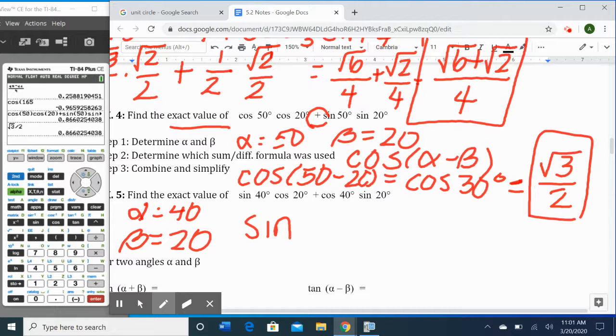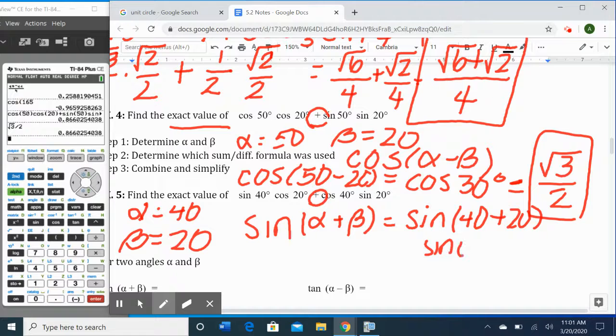And then if there's a plus sign in the middle, that means that they took the sine of alpha plus beta. And so that means in this case, they took the sine of 40 plus 20, which is the sine of 60, which is root 3 over 2.